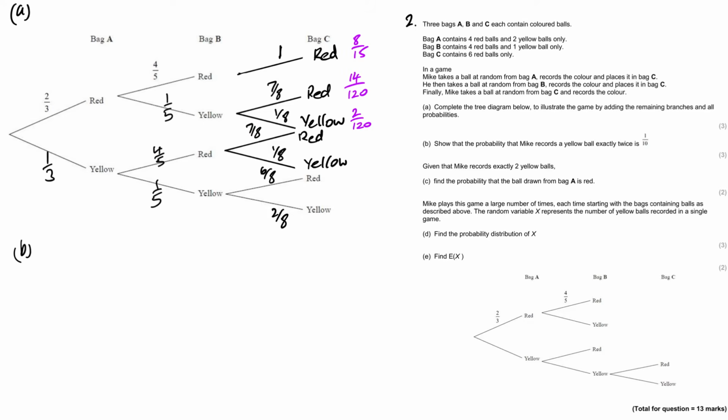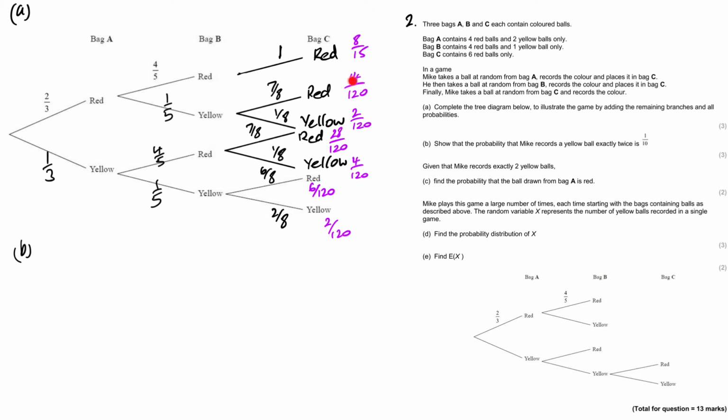So it's going to end up being 1 times 4 is 4. 4 times 7 is 28. So that's 28 over 120. We've got 4 over 120 there. Then we've got 1, 1 and 6, so 6 over 120 there, and 2 over 120 at the end.